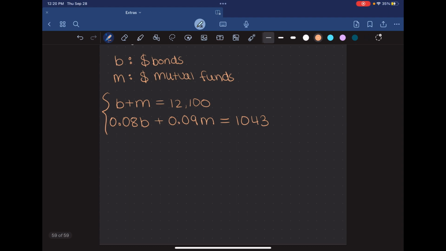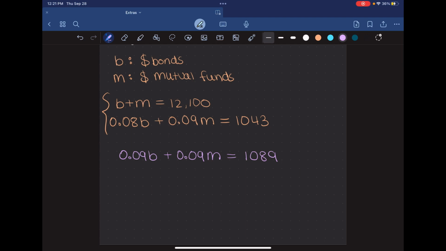Notice that if you multiply the first equation by 0.09, we're going to be able to eliminate our M variable. So I've got 0.09B plus 0.09M is going to be equal to, now I need to do 0.09 times 12,100, and that gives me 1,089.